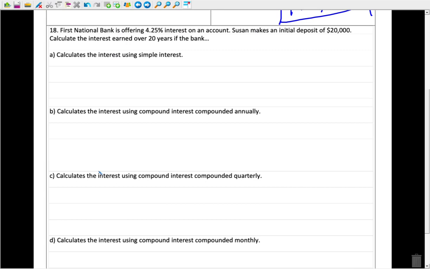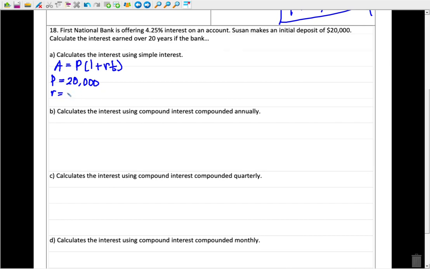Well, let's just start with the simple interest. For that one, we know we're using the formula A equals P times 1 plus my rate times the time. And the principal amount is $20,000. The rate is the same. It's not going to change.